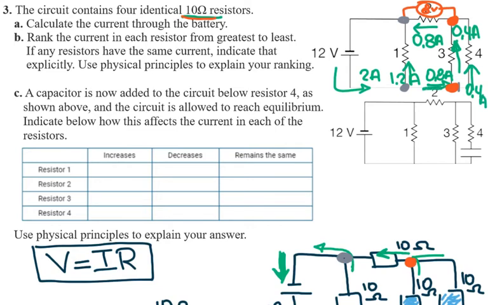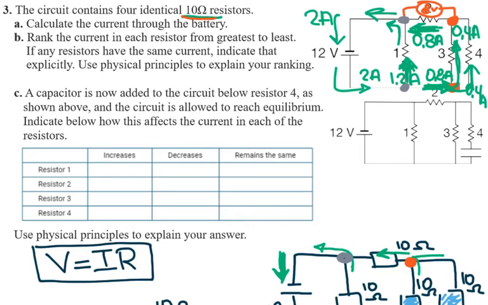So you had 0.8 that went this way, after 1.2 went that way. So 0.8 goes this way, and then they split into 0.4, 0.4, combined together, 0.8 on the top, and then this 0.8 will join the other 1.2, and together will be 2 amps that are returning back home.